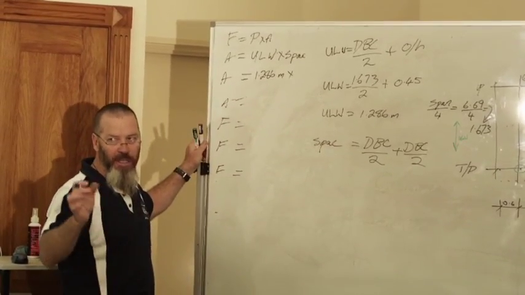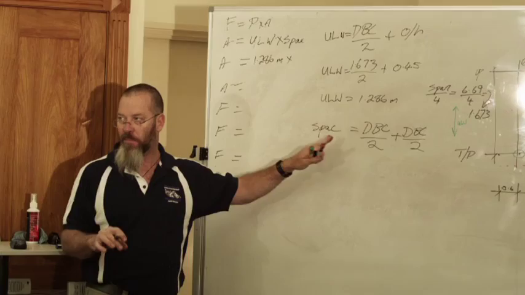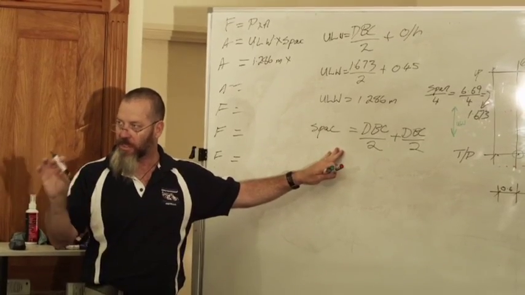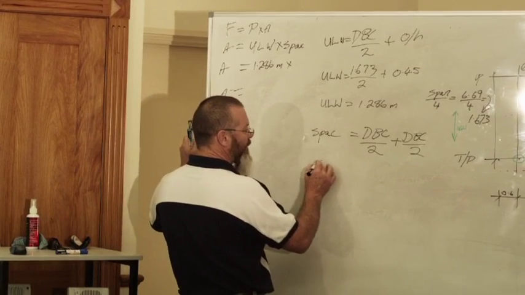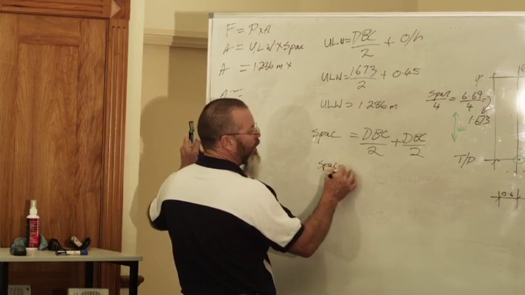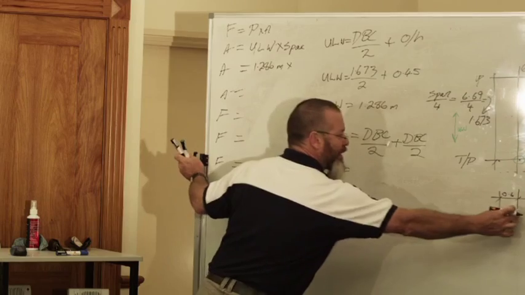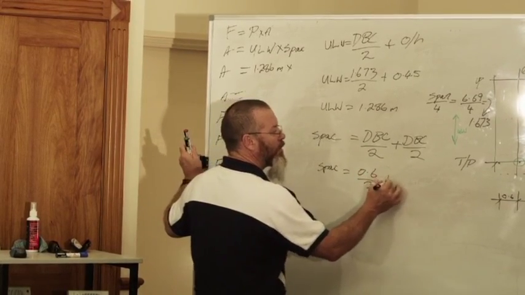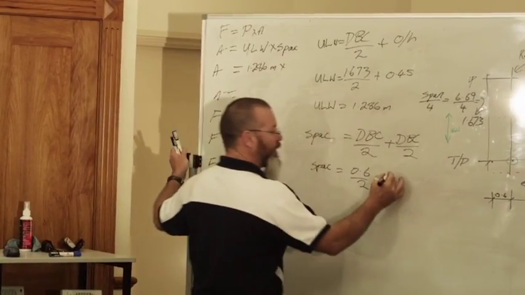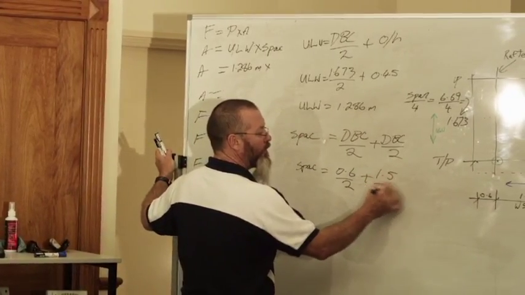Now this is where things get a little bit funky. The formula remains the same, it's just the dimensions within the formula that vary. So we'll just write it down factually. Spacing equals distance between connections, 600, 0.6 divided by 2 plus 1.5 divided by 2.